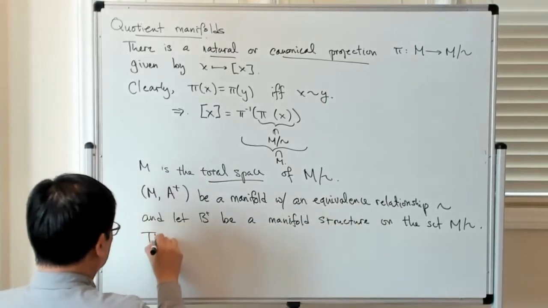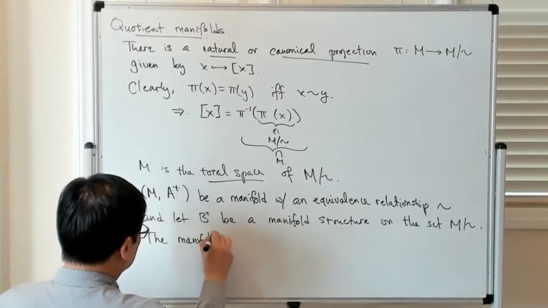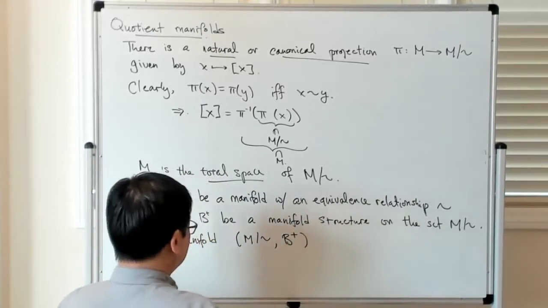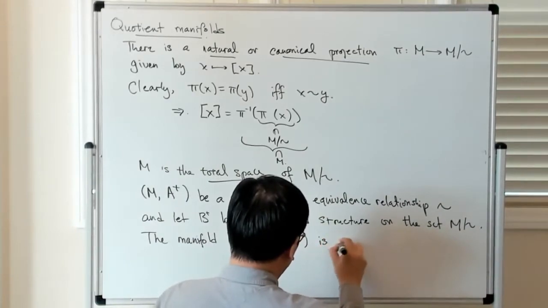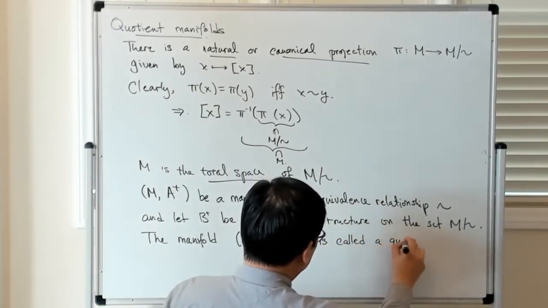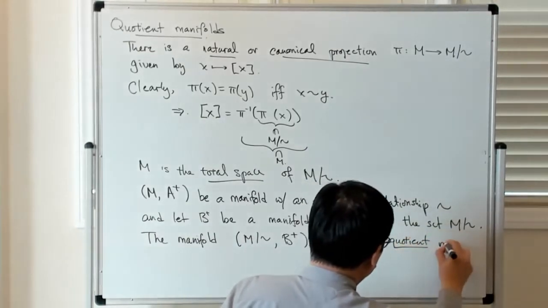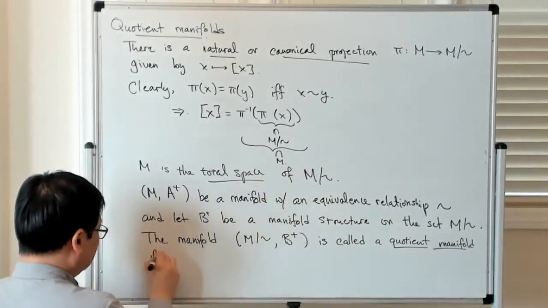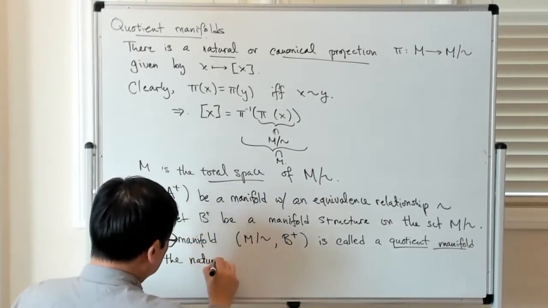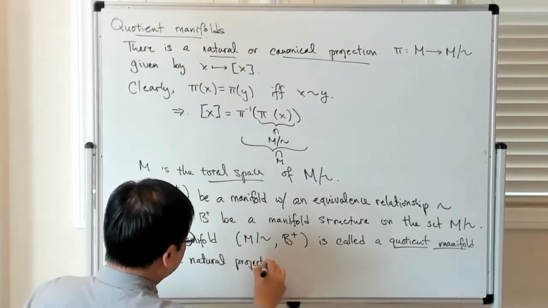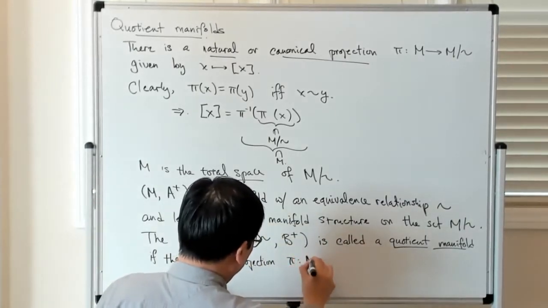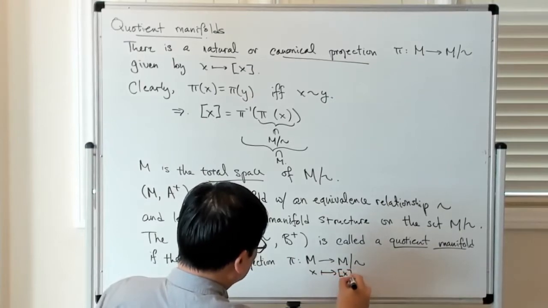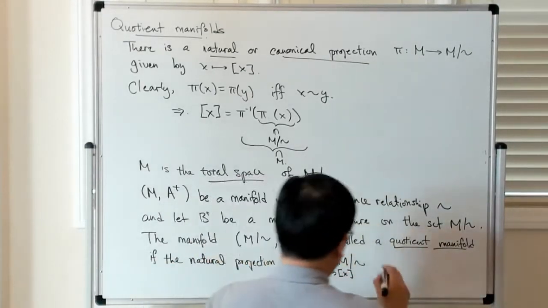Okay, so the manifold M quotiented by the equivalence relationship, endowed with some maximal atlas, is called a quotient manifold if the following is true: if the natural projection, again the natural projection is a map pi from M to M quotiented by the equivalence relationship, where you map x to the equivalence class associated with x, if this thing is a submersion.